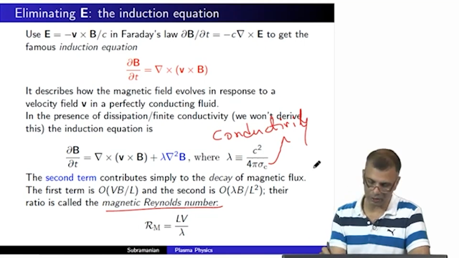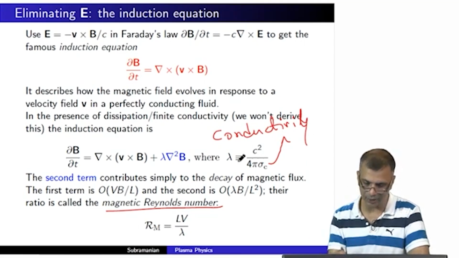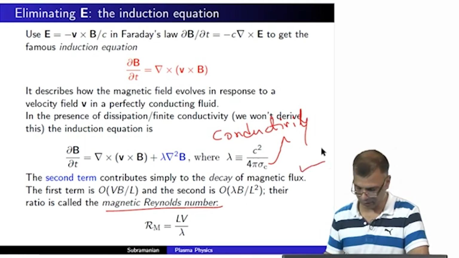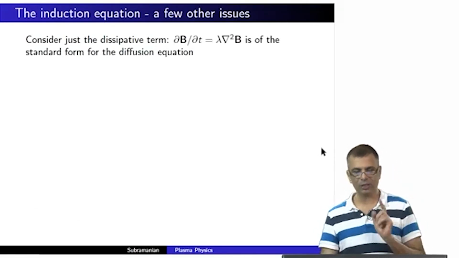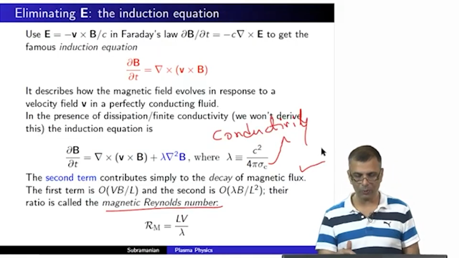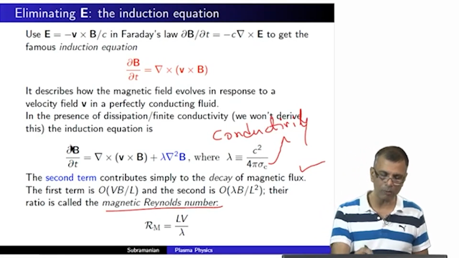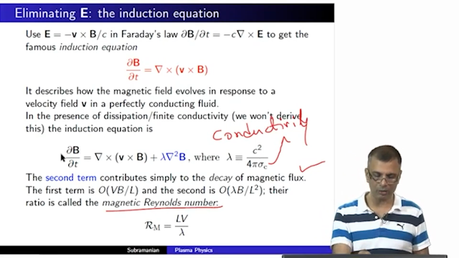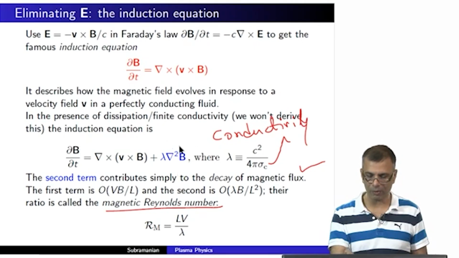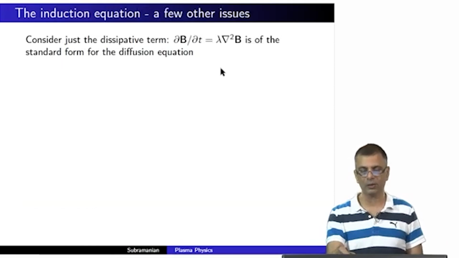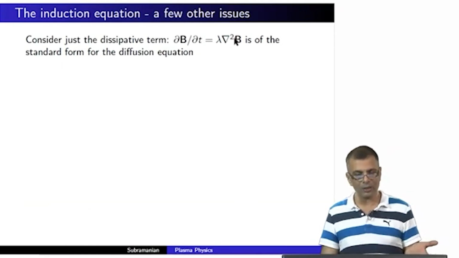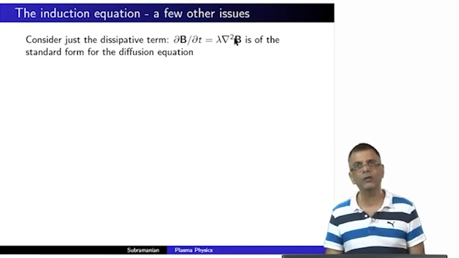We made this comment here saying that the second term contributes to the decay of magnetic flux. Let us justify this. Consider, for instance, just the dissipative term. In other words, we will not bother about the first term, we will only bother about an equation that has dB dt and this term, which is like this: dB dt equals lambda del square B. This is a standard form for the diffusion equation.